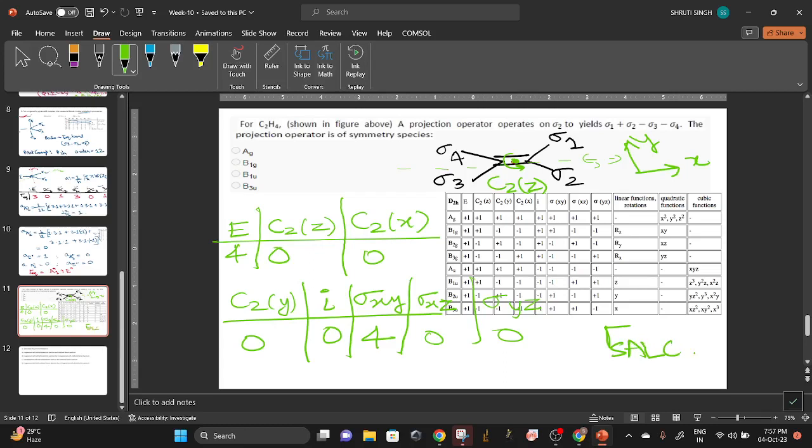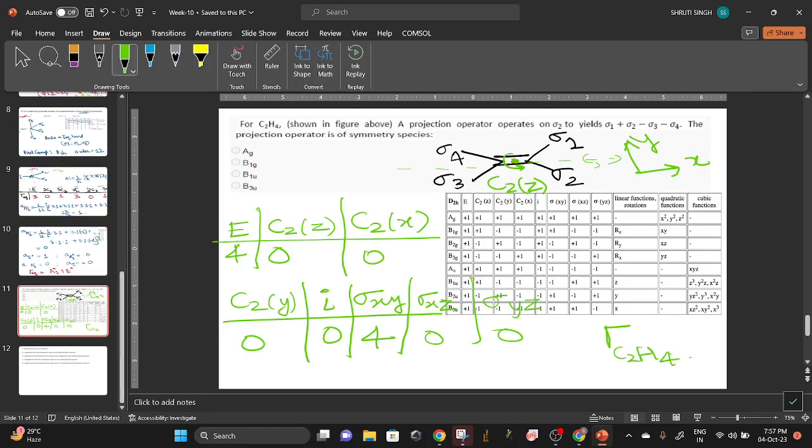Not SALC, we can write tau C2H4, let's say. I'm not writing it SALC because I have considered these 4 atomic orbitals separately. If I have to write SALC, it means I'm considering the whole thing as one, as a linear combination.